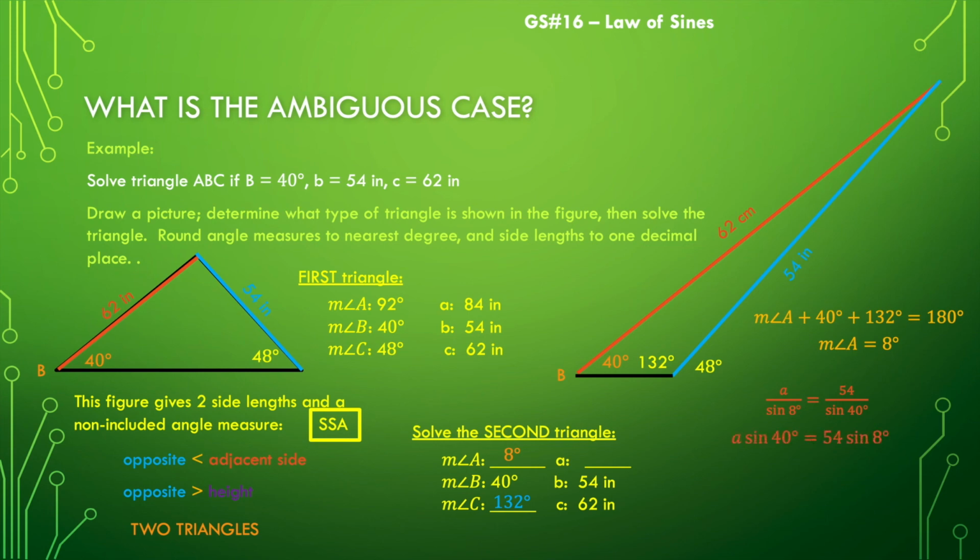Cross multiply, divide out the sine of 40 degrees, and crunch in your calculator, and we will say that the length of side A is about 12 inches. Okay, so we've got two possible triangles here, and that is about as difficult as the problems get for law of sines, an ambiguous case with two possibilities.